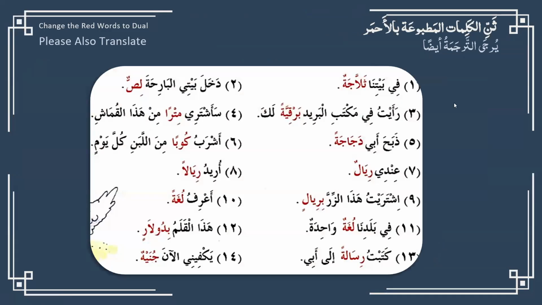Okay, so if you can do the line on your right hand side, make the dual of that sentence. Actually, first, translate these sentences, number 1 to 7, from fi baitina salajata until the end. Just translate these sentences only. Okay.